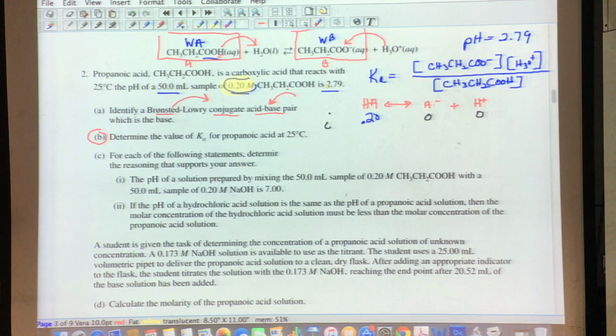Now another key to the problem is the pH, because you know the change will be minus X, plus X, and plus X. And what would happen is if you did not use the pH, you would have two variables, the Ka and this stuff.